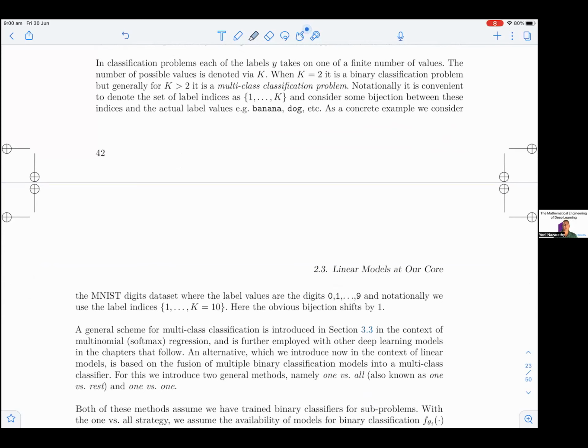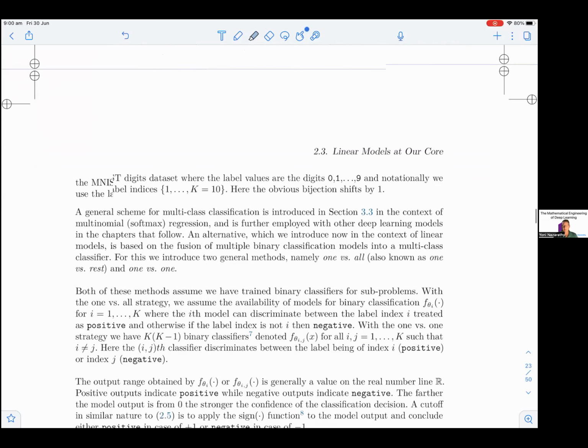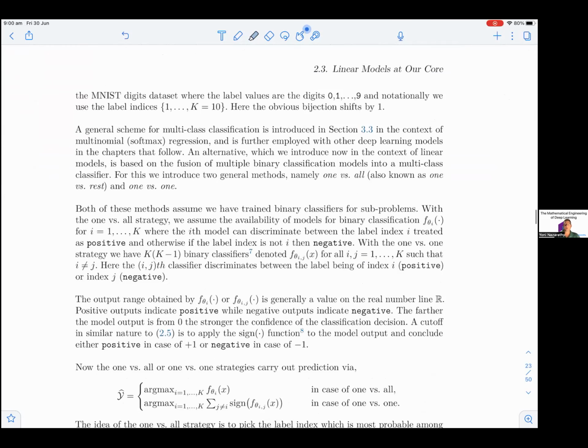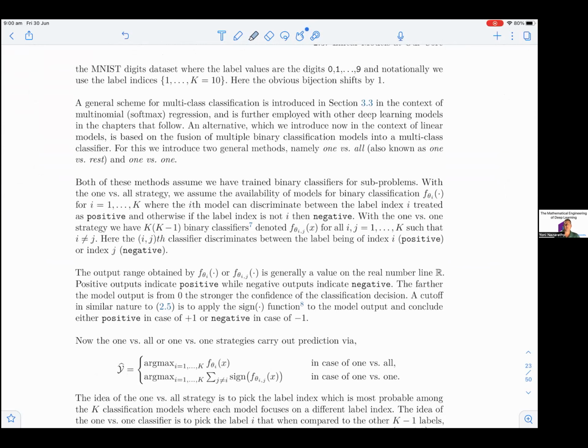Notationally, it's convenient to denote the set of label indices as 1 to k, and consider some bijection between these indices and actual values, for example, banana, dog, etc. As a concrete example, we consider the MNIST dataset, where the label values are the digits 0, 1, up to 9. And notationally, we use label indices 1 through k, where k is 10. Here, the obvious bijection shifts by 1.